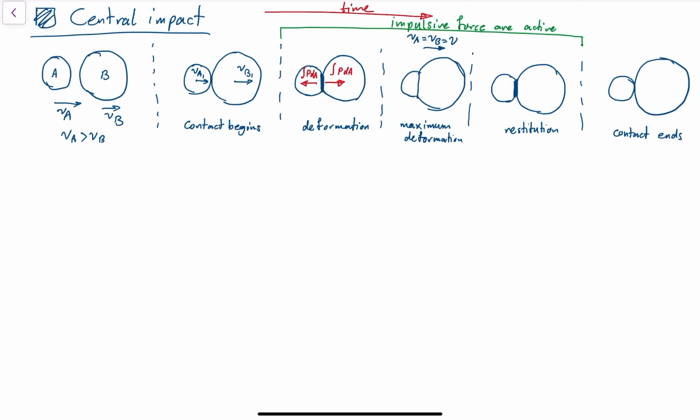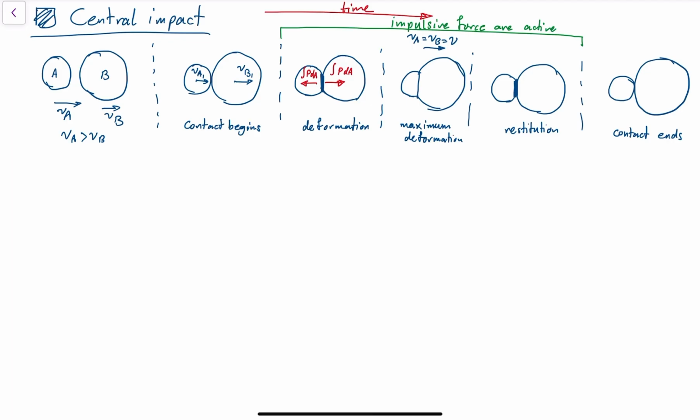So it is guaranteed that at some point during contact, the two bodies move with the same velocity, and that is when we have maximum deformation. After that, all the elastic energy stored in these two bodies because they are being compressed starts to release.